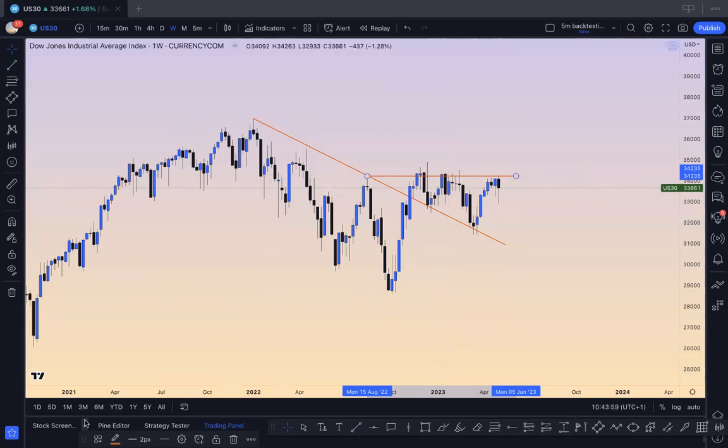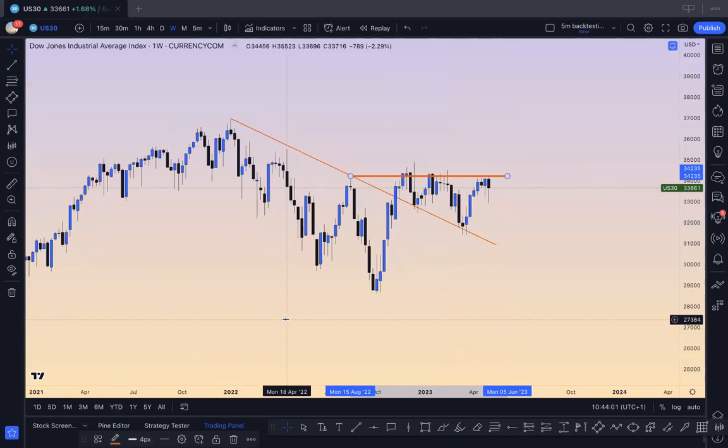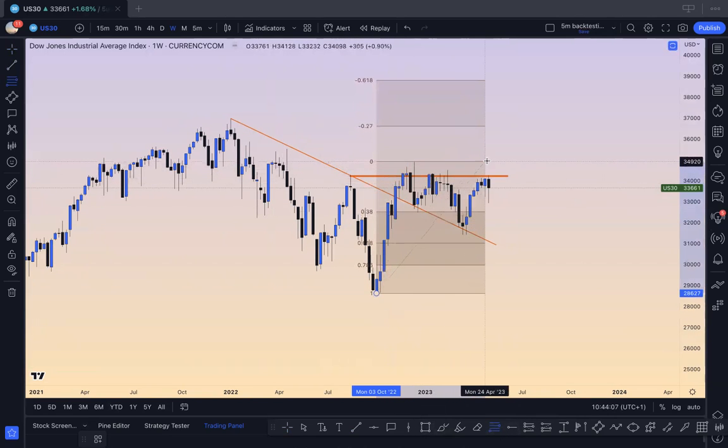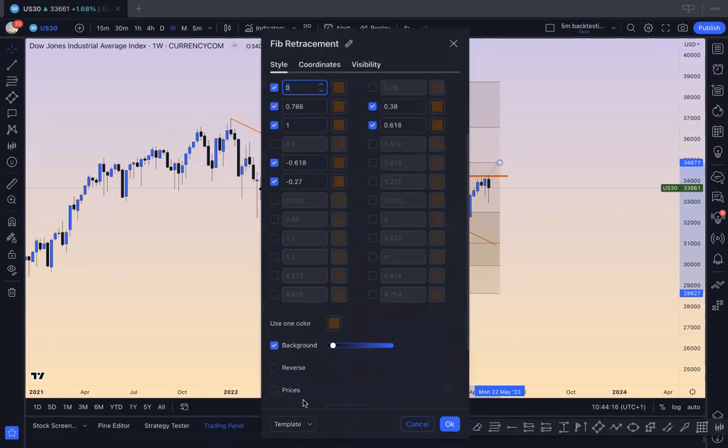This is my Fibonacci. So the fib is still open. It looks bullish, because then we will see with the fundamentals and what will go on the stock market.